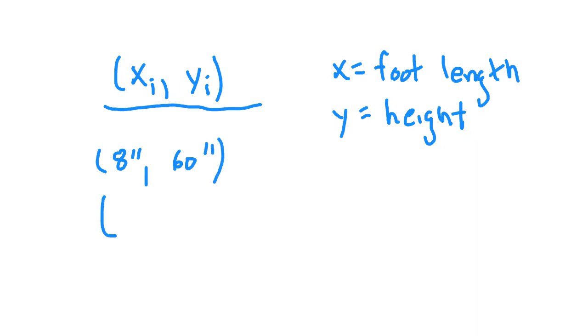You can have a person that has a foot length of 6 inches, and maybe they're 45 inches tall.